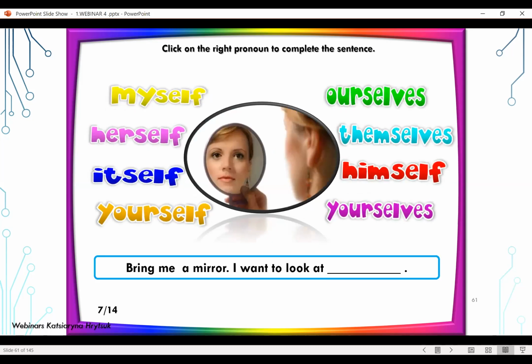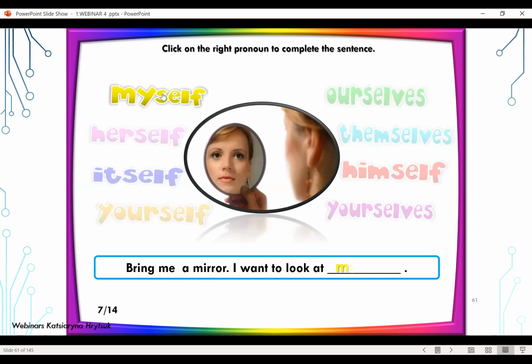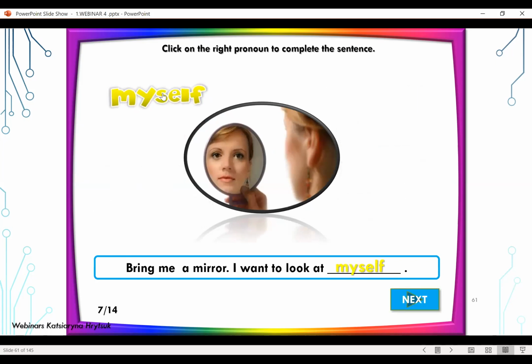Bring me a mirror. I want to look at myself. Myself. If two people are standing together and they look at each other, remember: I look at you, you look at me, we look at each other.